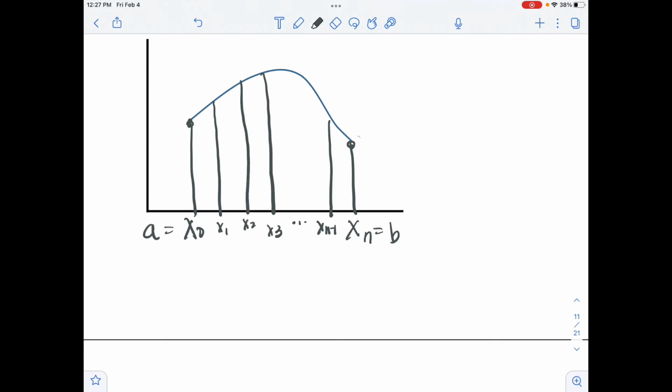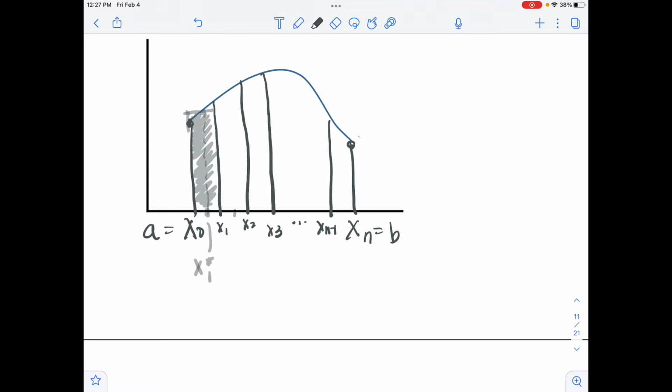I'm going to call the midpoint on here, this part right here, x sub 1 star. And so I'm going to go straight up to where that midpoint at x sub 1 star hits that function, and that's going to define the height. And so this is the height of my rectangle.